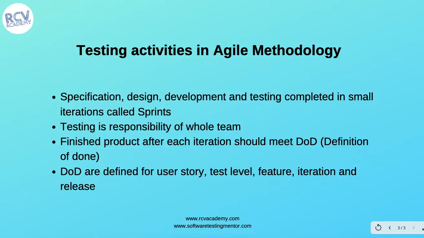Only then will you say that the story, or the stories in that iteration, meet the exit criteria to be deployed and showcased to the business and deployed in production. So these are some of the key differences between the traditional development methodologies and Agile methodology.